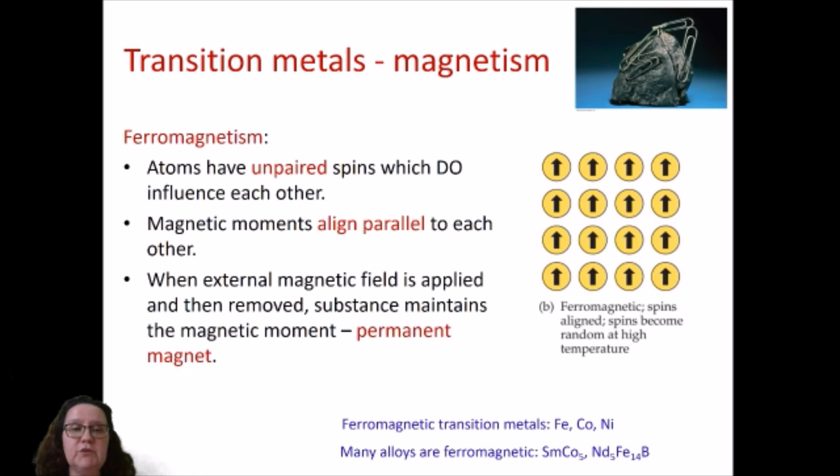That rearrangement of the spins is kept. So it shows a permanent magnetic moment, and we call that a ferromagnetic substance. Transition metals, iron is the most famous one, but also cobalt and nickel, show this ferromagnetic property.